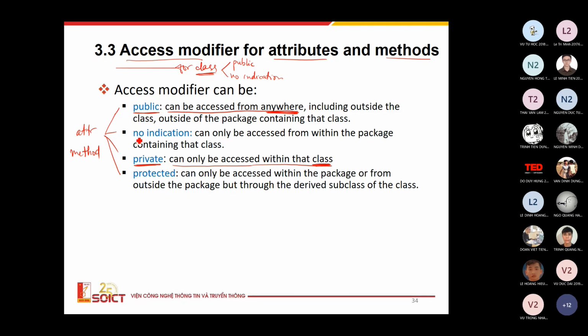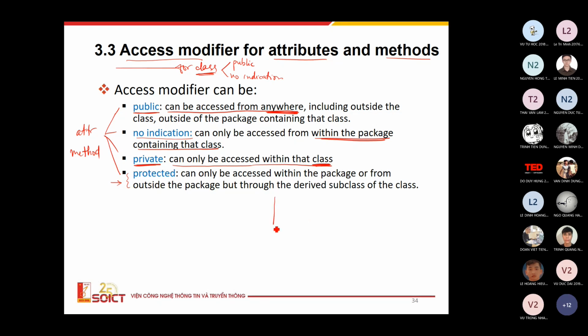No indication means it can be accessed from within the package containing that class. And for protected, maybe later when you learn about inheritance, you will be reminded about the protected modifier.